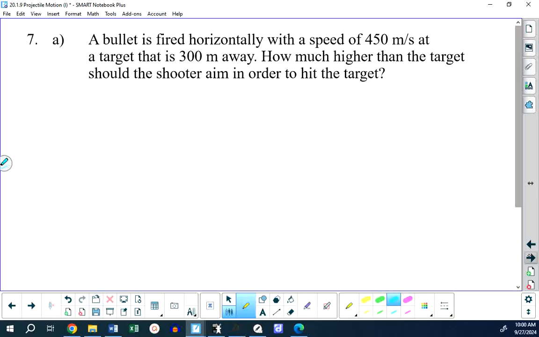The idea is, even though the bullet is moving so fast, it falls over a long distance. It's a little trickier with bullets because there's a lot of friction and that affects things, but we're not going to get into that.